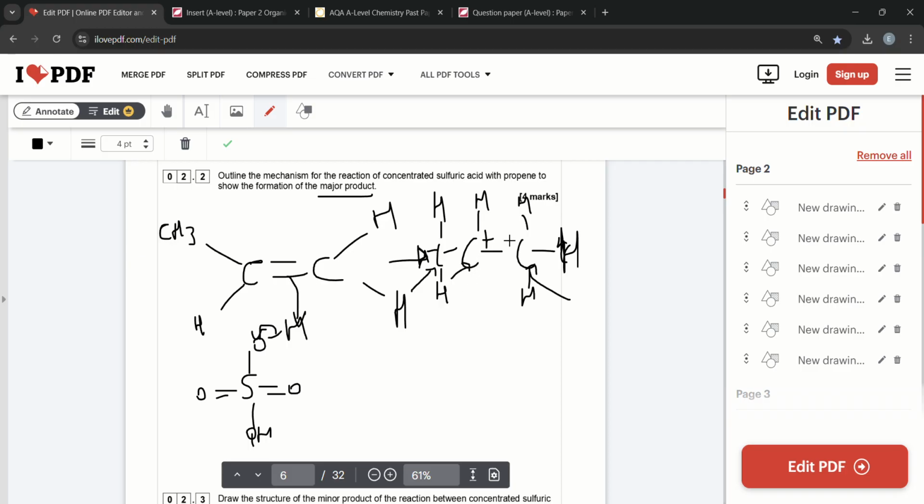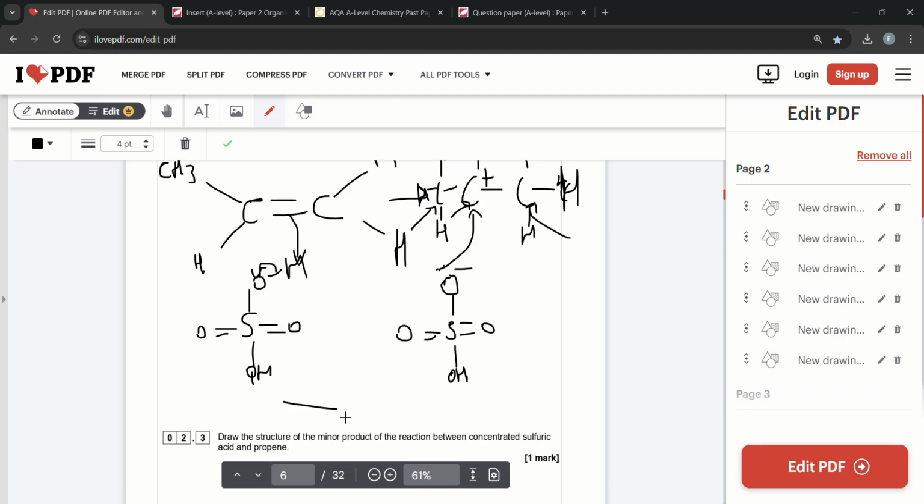It's got two alkyl groups, so it's here, and then you've obviously got the oxygen minus charge, lone pair of electrons, S double bond O, double bond O, OH, and then obviously it goes from lone pair of electrons to the carbon, that's a positive charge, and then you form.